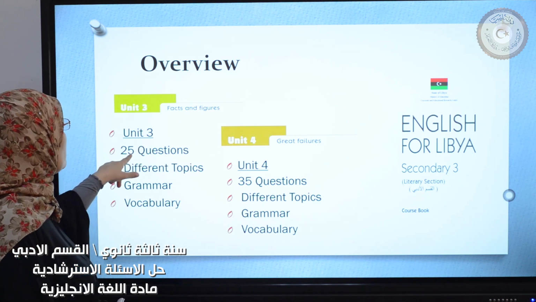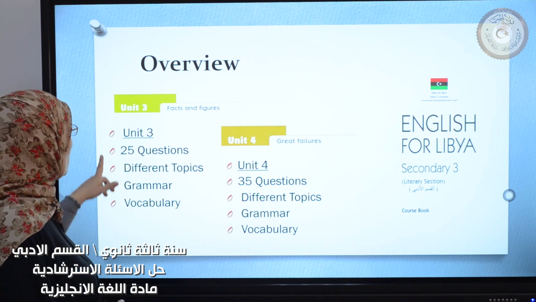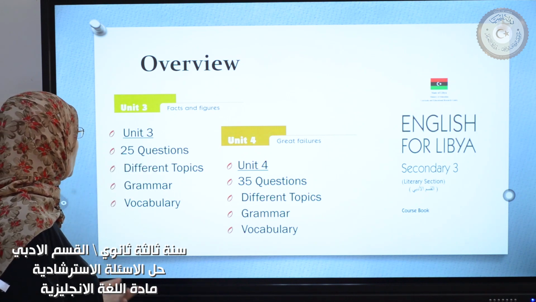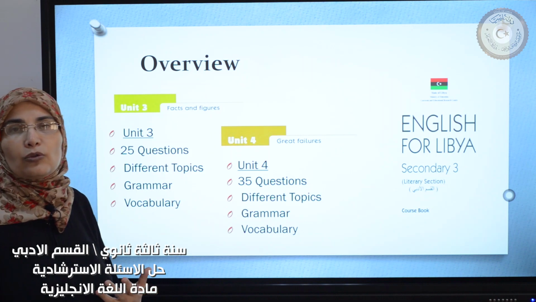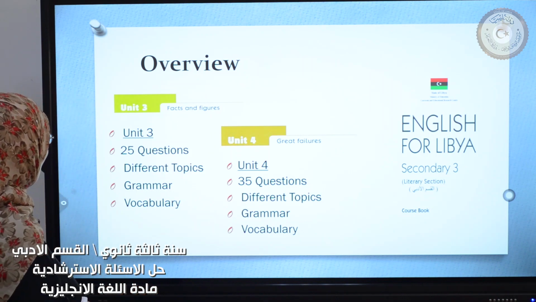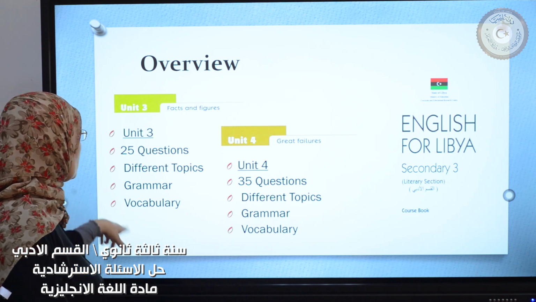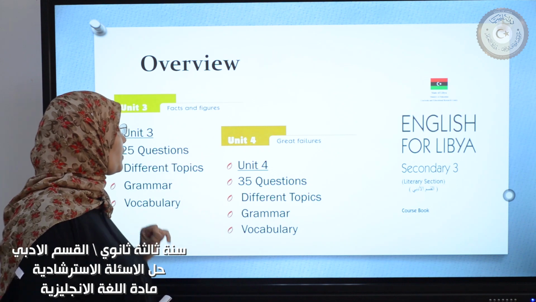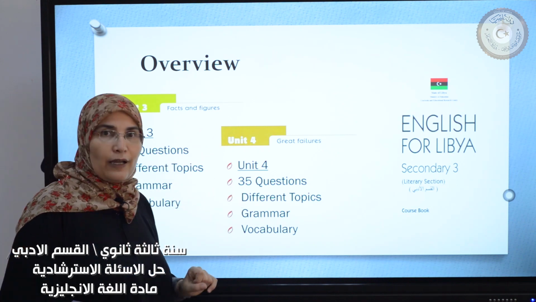Unit 3 has 25 questions. They are divided into different topics, questions that ask about different topics that you discussed in the book, some grammar questions and some vocabulary questions. Same goes with Unit 4, 35 questions.